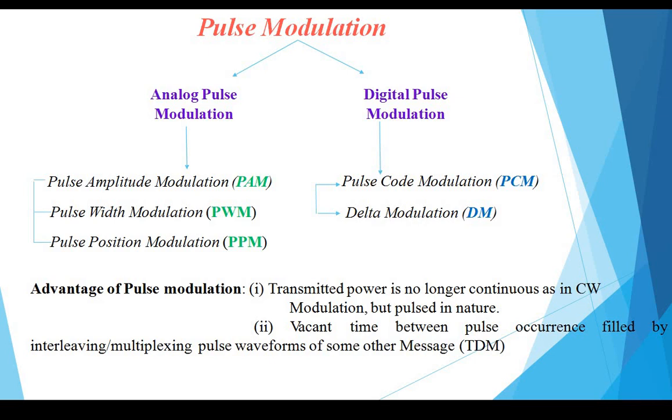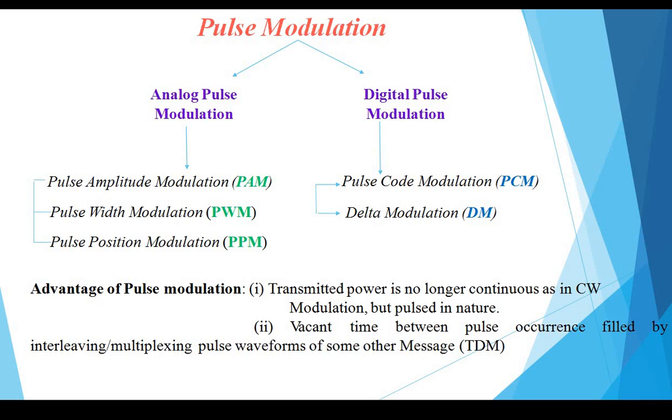Then the second one is that the vacant time between pulse occurrences is filled by interleaving or multiplexing pulse waveforms of some other messages. The multiplexing technique mainly used here is time division multiplexing. We use time division multiplexing mostly in pulse modulation.